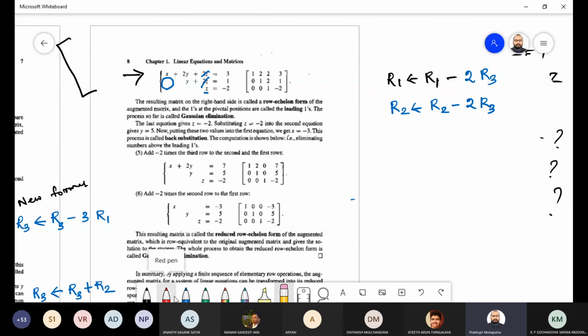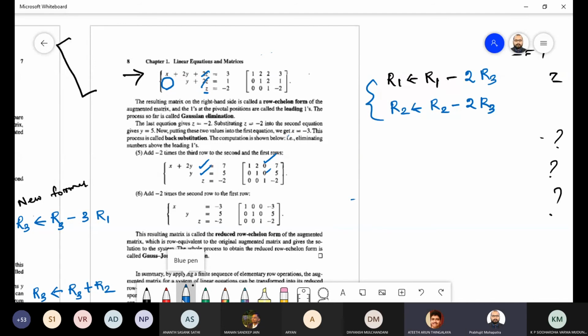If you are doing this process, then here you can see the z's are removed. Z's are removed means in matrix format it will be 0 0. So if you are doing these two operations, here you have x plus 2y equal to 3 minus 2 times of row 3.